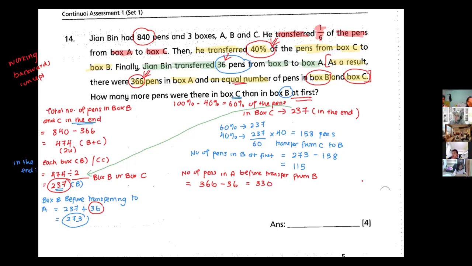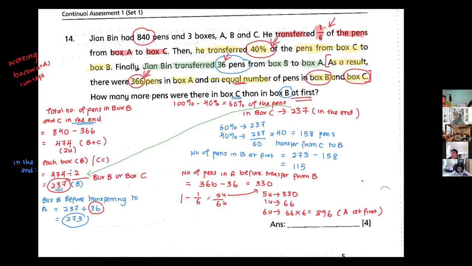Now this 330, you say he transferred 1/6 of the pens, so you take 1 whole minus 1/6. I have 5/6. So this 5 units is 330. What do we do? 5 units is 330, 1 unit is 66. I find 6 units: 66 times 6 equals 396. This is A at first.